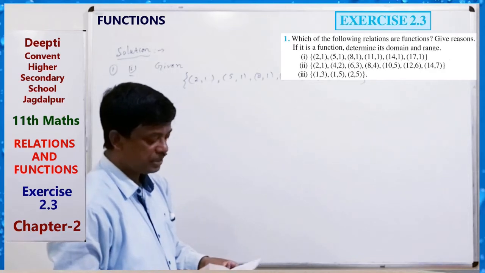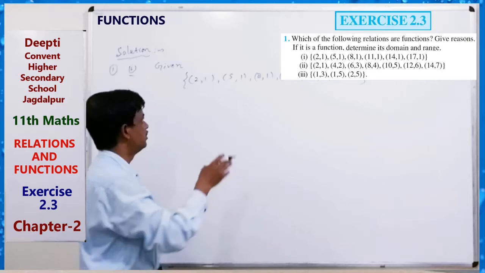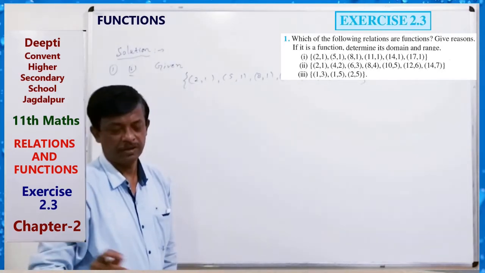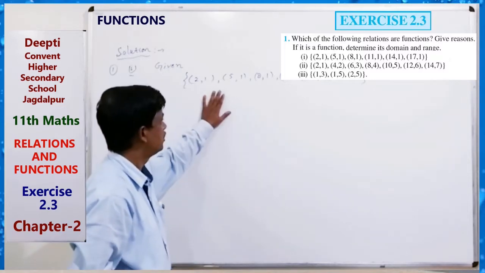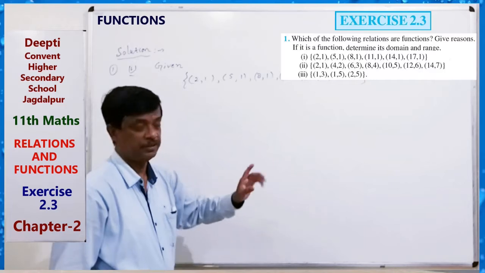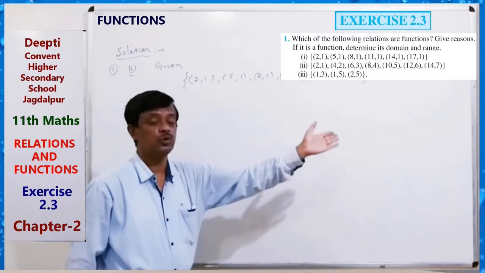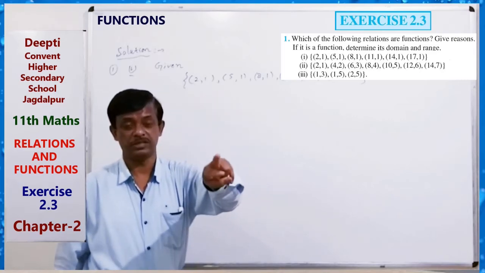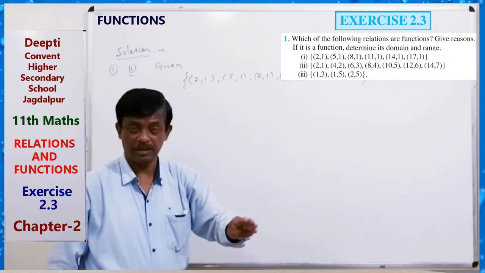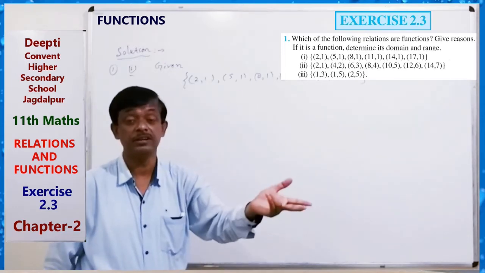Here we have to give a reason why this relation is or is not a function. We know a relation will be a function if there are no two ordered pairs in which the first elements are equal but the second elements are different.